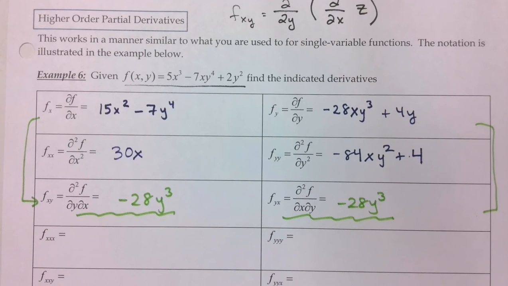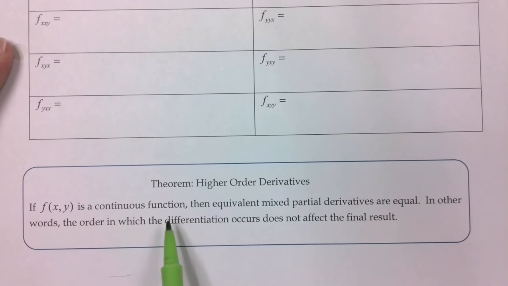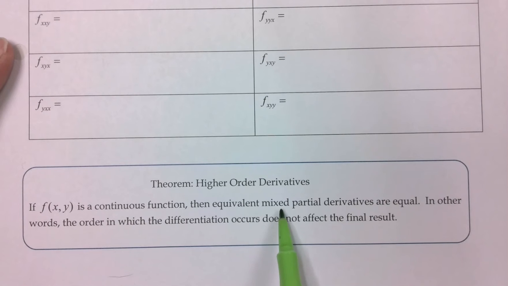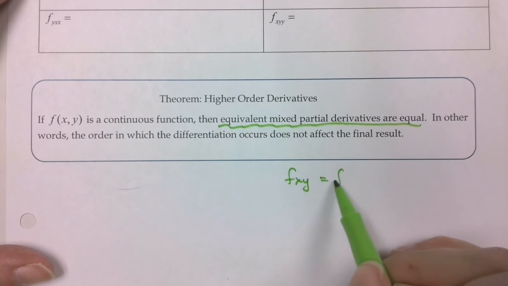And that leads to this bit right here. So if f of xy is a continuous function, then equivalent mixed partial derivatives are equal to each other. So if you think about what we just saw, equivalent mixed partial derivatives, we just saw, for example, f_xy is equal to f_yx.